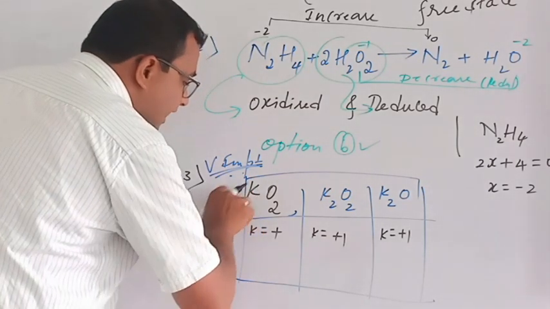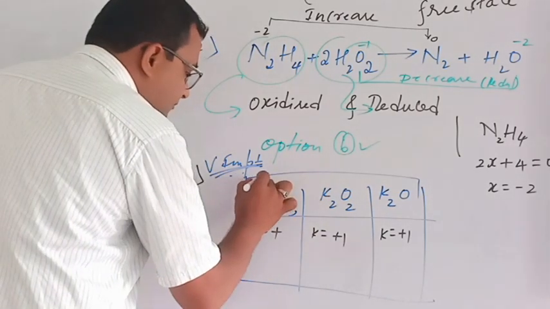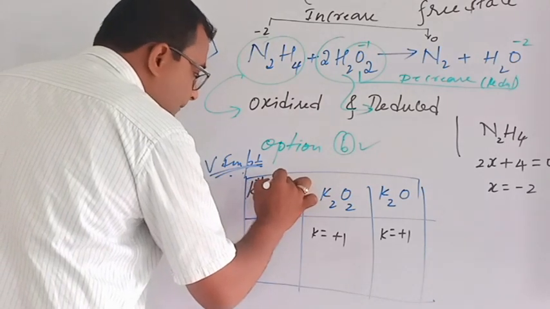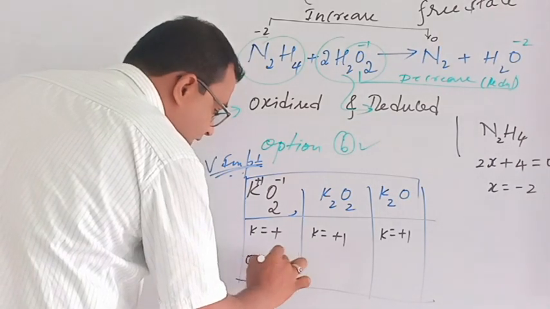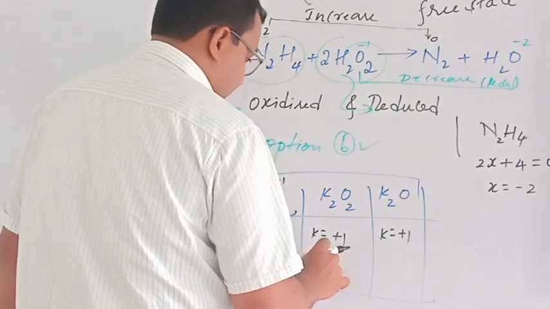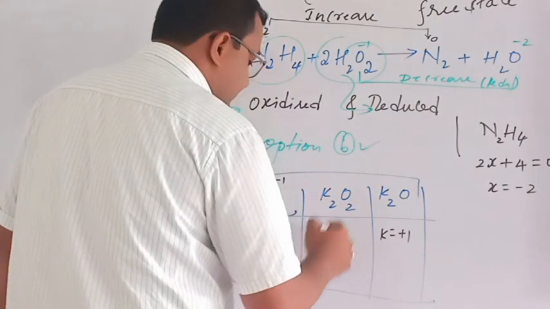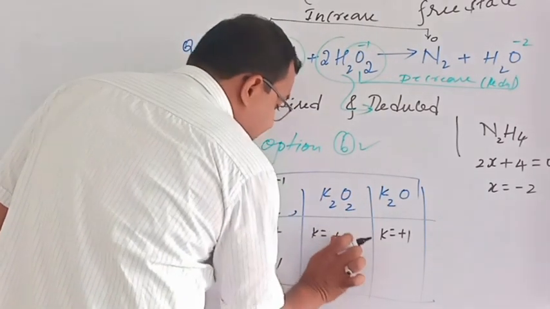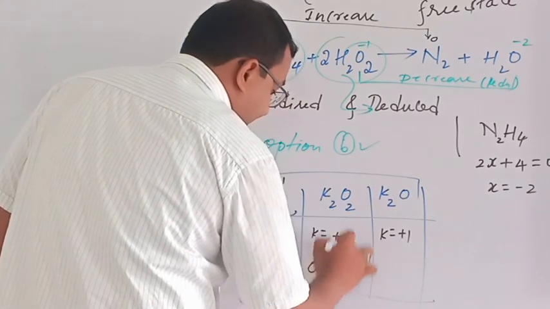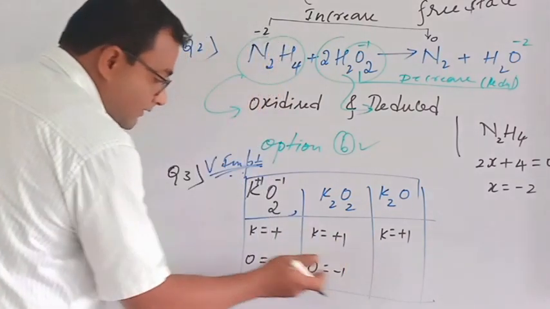Now, if the charge of potassium in KO2 is +1, then the charge of this should be -1. So oxygen charge is -1. Now, how does this -1 come here? Let's find out.